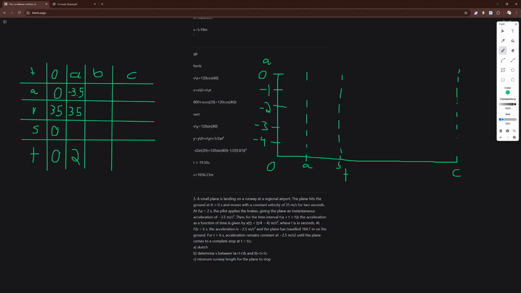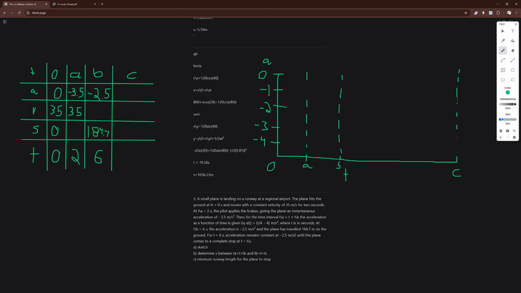At B, time is 6 seconds. So it's 6. What is displacement? We're given it: 184.7. Okay? We don't know velocity, so we have to calculate it. And acceleration is negative 2.5. And then again, from tC, the acceleration remains constant, right?